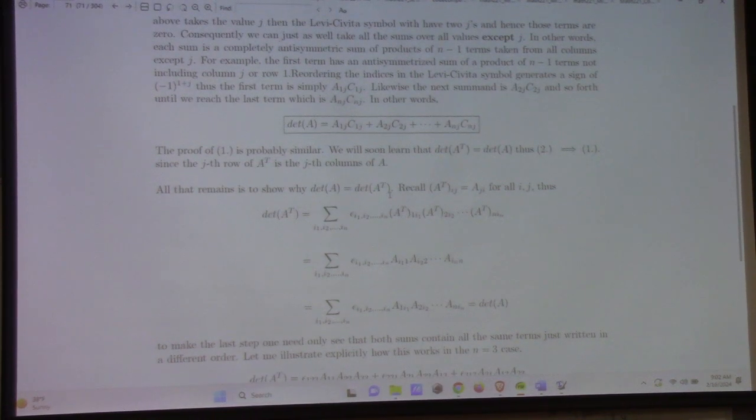So Cij has this plus or minus factor, all right? And it's got the ith row and the jth column deleted. This is the so-called matrix of cofactors.